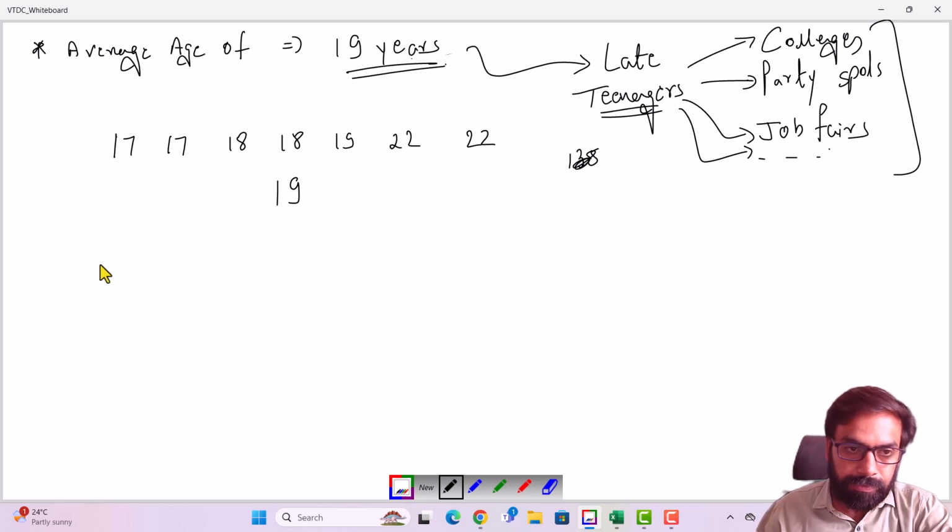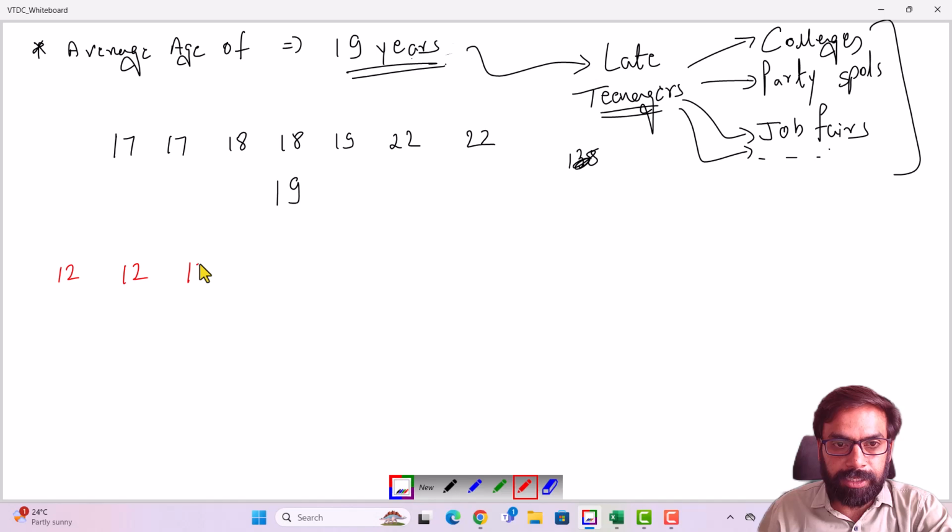But if I make up another data set over here, let me put it up in red. Something like 12, 12, 13, 13, and I'll make the adjustments: I've reduced it by 5, 5 and 5, 5, 20, right?